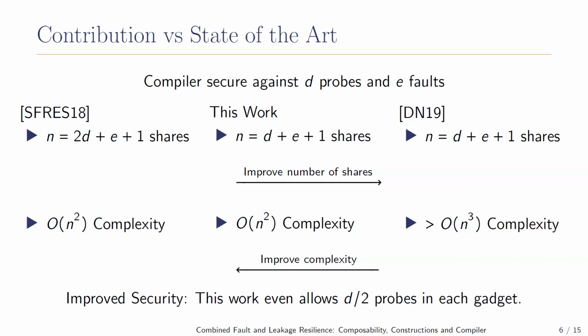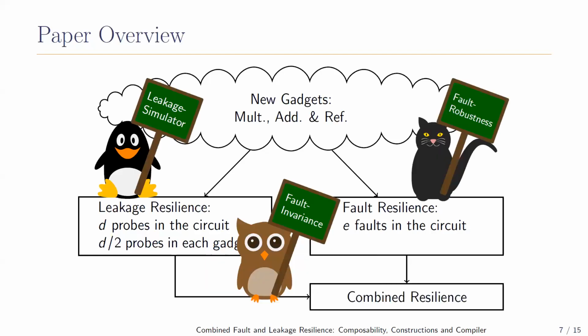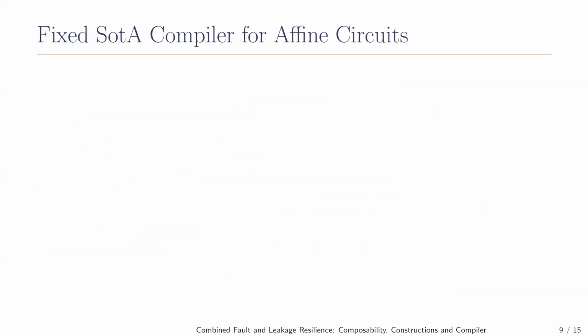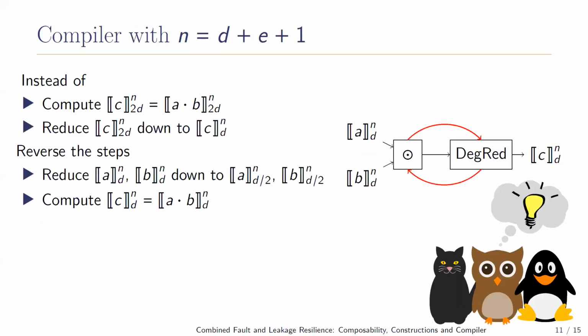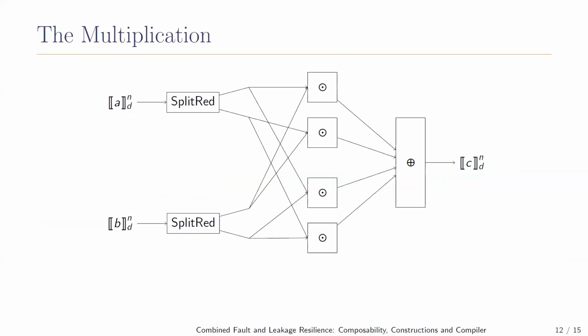Thanks, nice talk. I have a question: how efficient is it, or how many multiplications, additions, and randomness do you need? For example, if you have 3 shares and 1 fault. So when we go to the multiplication, with the reduction, I don't know exactly how expensive the split is.